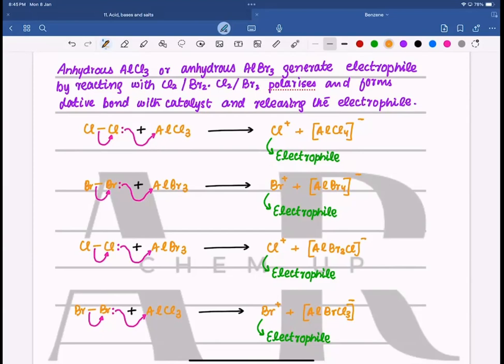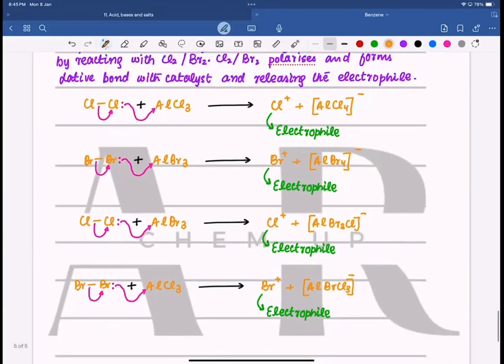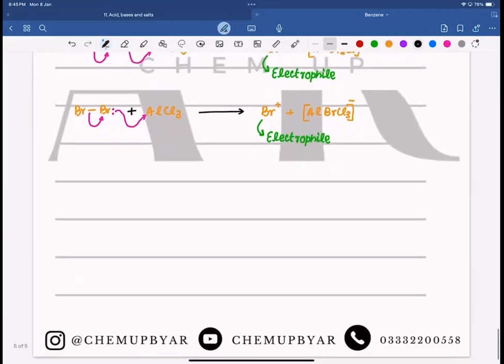Get it? Okay. Now we are going for mechanism.